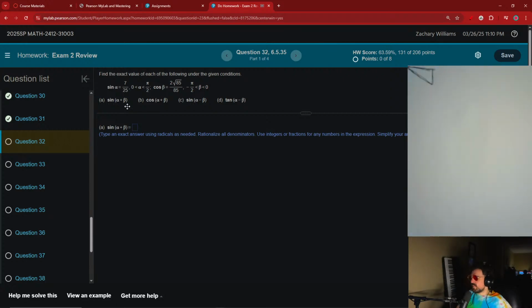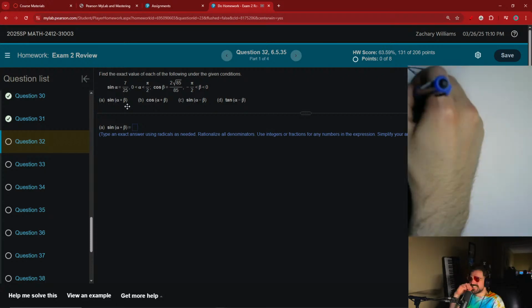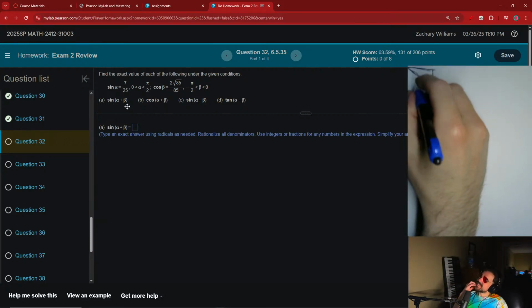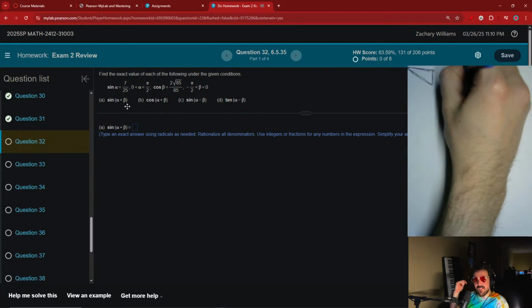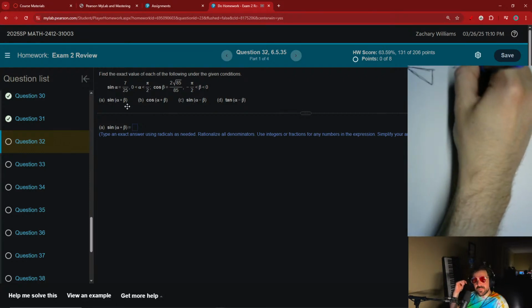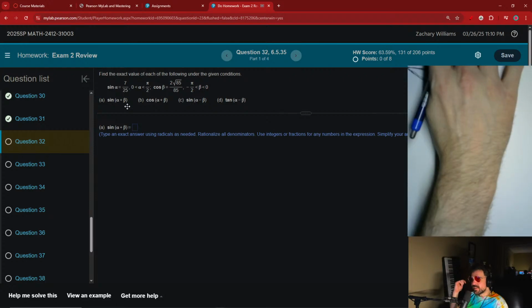No. Okay. There's just like too much stuff colliding with me right now. Okay. So angle A is in quadrant 1.